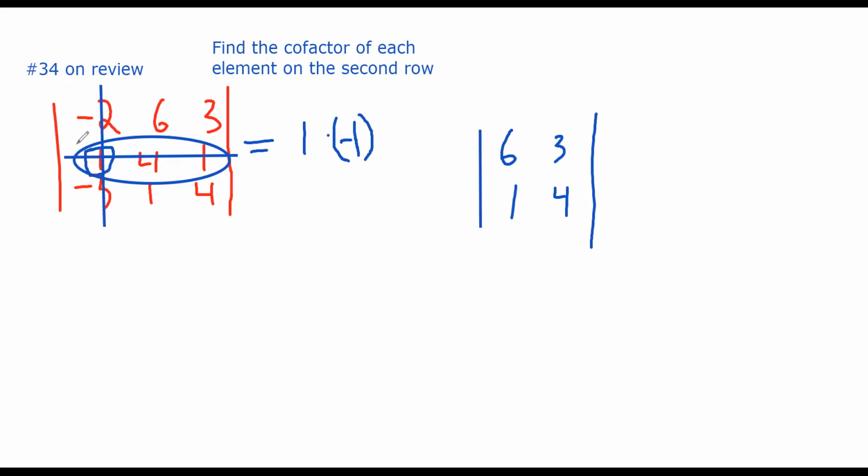That's why I left it out, because it's silly. This entry here, this original 1, is on the second row, so 2, first column, so 2 plus 1. In other words, it's -1 to the third power.